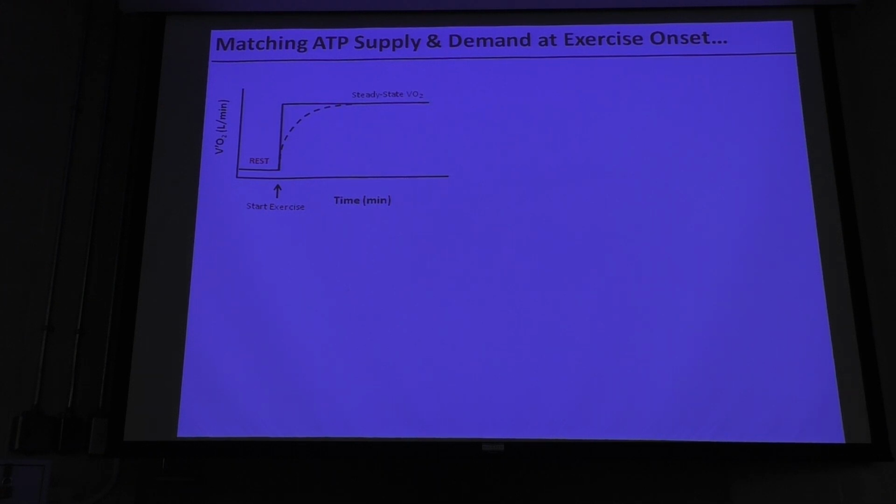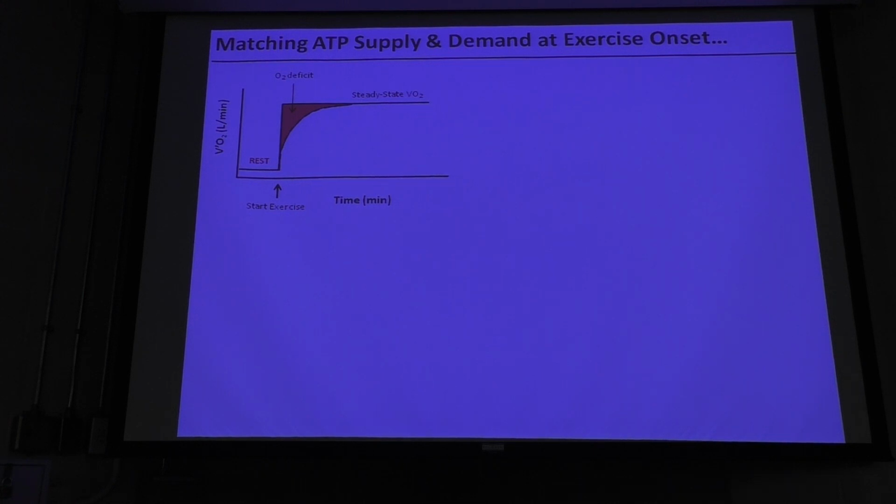It's a little bit sluggish. So if VO2 is then a reflection of ATP demand, or production through oxidative phosphorylation, you would then assume that the ATP response, or the oxidative phosphorylation response, would mirror that VO2 response, and that it would take a little bit of time to achieve this steady state or ATP supply state.